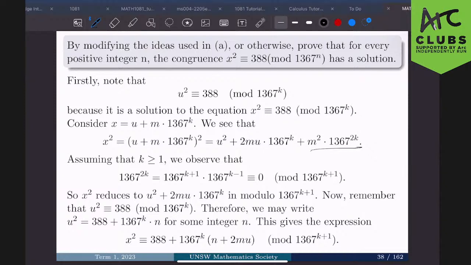So, proof by induction, we're looking at k plus 1, and we can see that 1367 to the k plus 1 divides 1367 to the 2k, right? So we can get rid of this term.